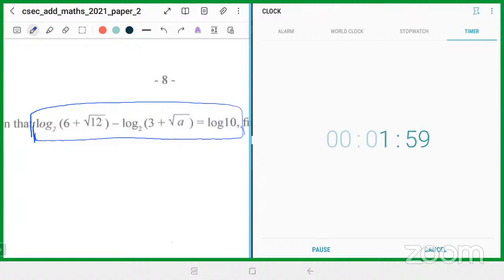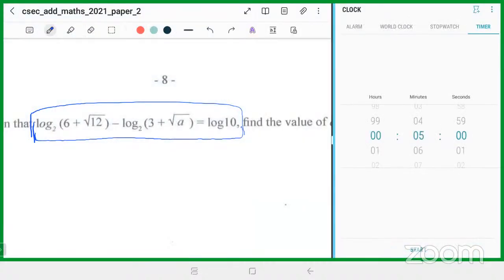Yes, sir. Finish? All right. All right, let me do it now then. That's what you all got.